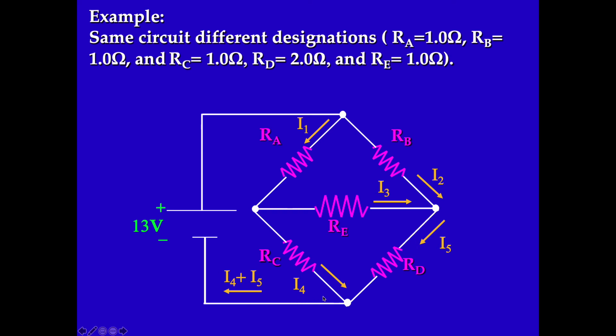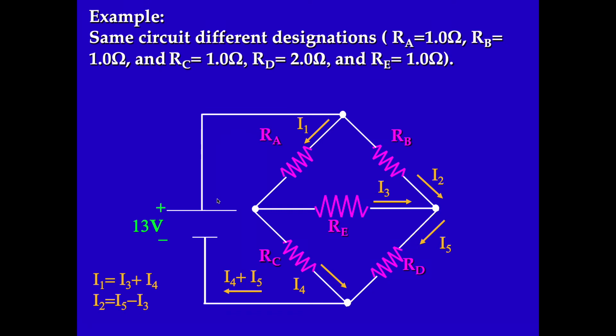If I say that, then I1 ends up being I3 plus I4, and I2 becomes I5 minus I3. So my independent currents are I3, I4, and I5. And then I can apply the loop rule to 3 different loops.